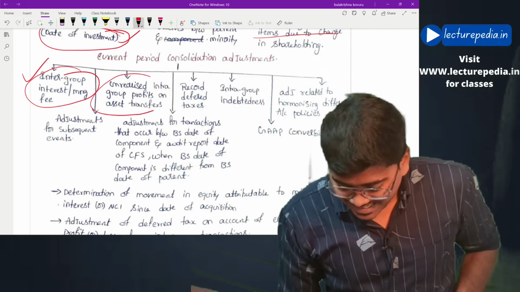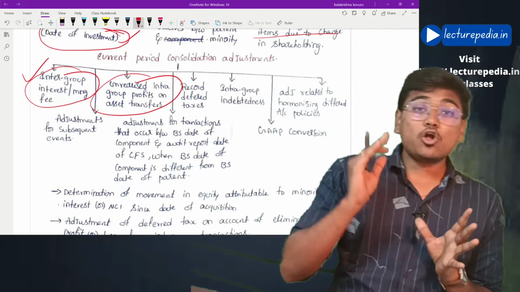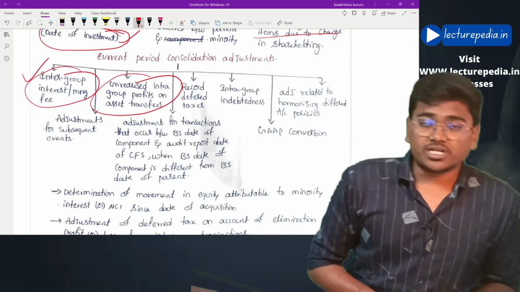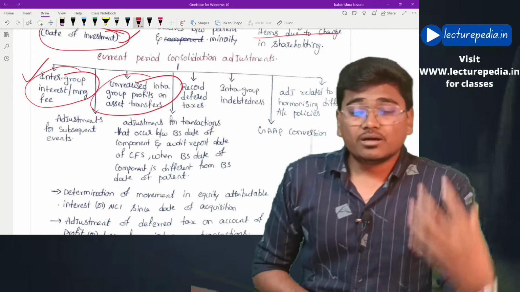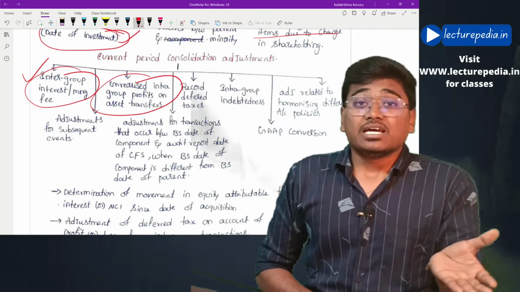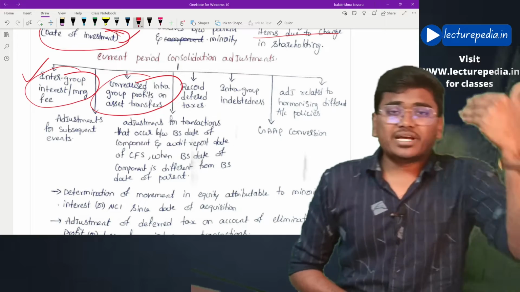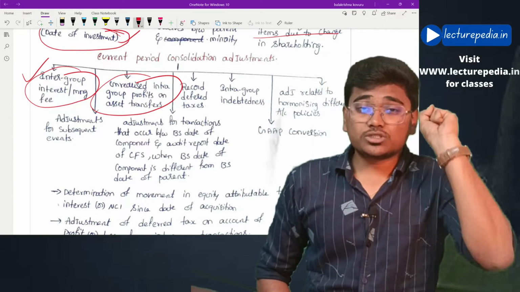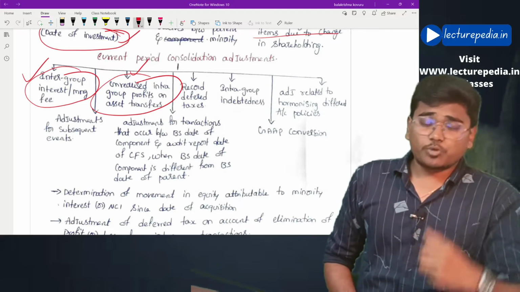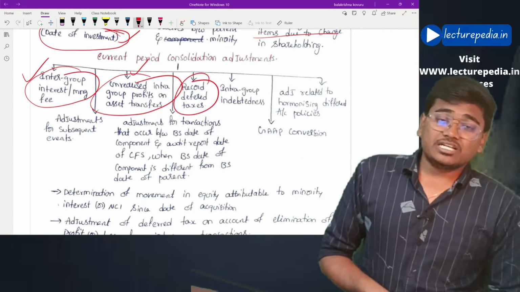In the same way, unrealized intra-group profits on disposal of fixed assets between the components, or between the parent entity and the components. The profit that has arisen on disposal or transfer of assets between the components, or between the parent and the component, even those unrealized profits will be adjusted. Now while you adjust these profits, some deferred taxes will arise, so you should also record these deferred taxes.